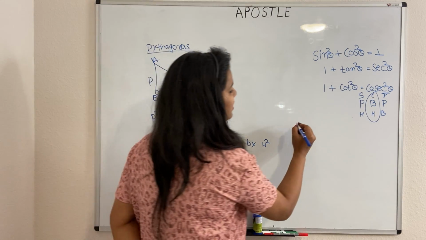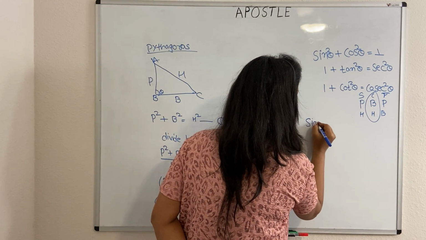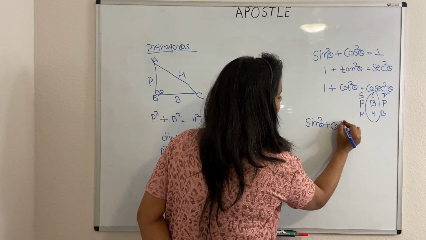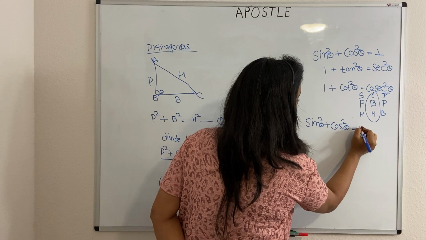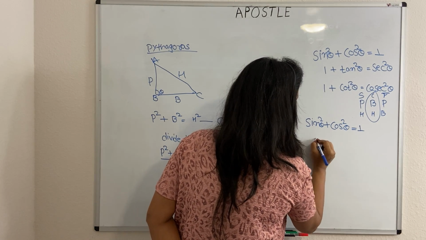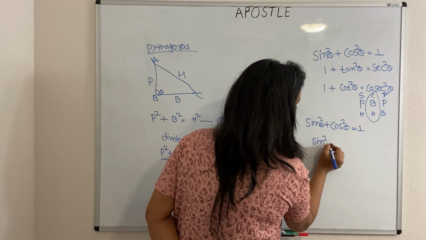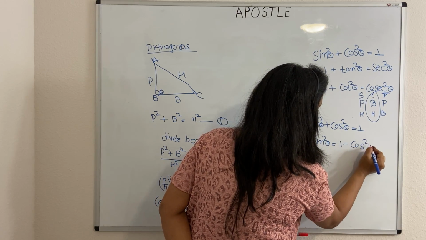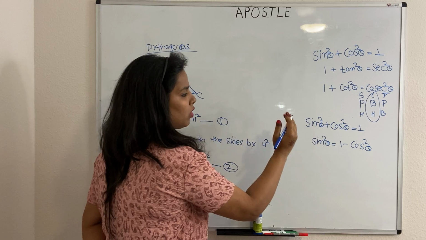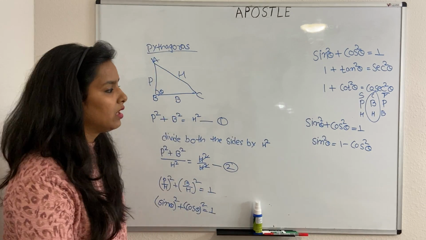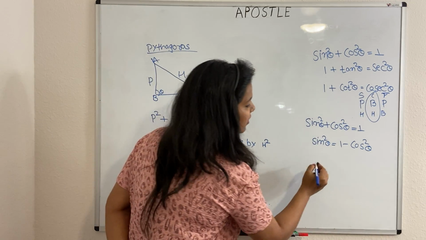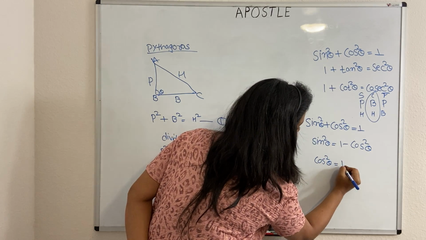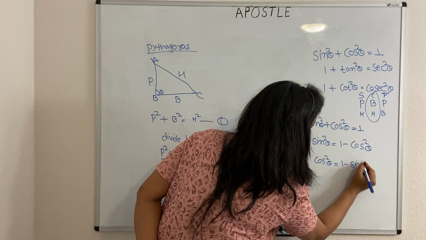We can rewrite this equation. Sin squared theta plus cos squared theta equals 1 is the standard form of the equation. We can also write sin squared theta equals 1 minus cos squared theta; we simply move cos square theta to the other side. Now we can also rewrite it as cos square theta equals 1 minus sine square theta.